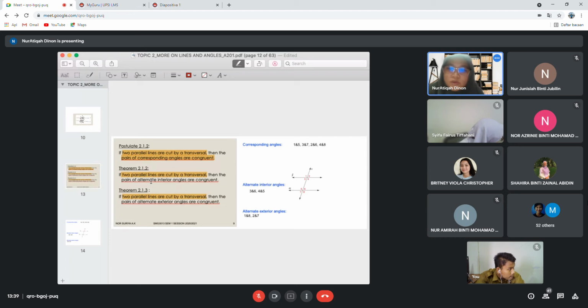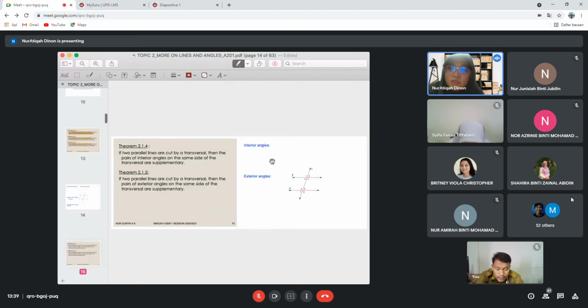Okay, let's look at another 2. So theorem 2.1.4: if 2 parallel lines are cut by a transversal, then the pairs of interior angles on the same side of the transversal are supplementary.